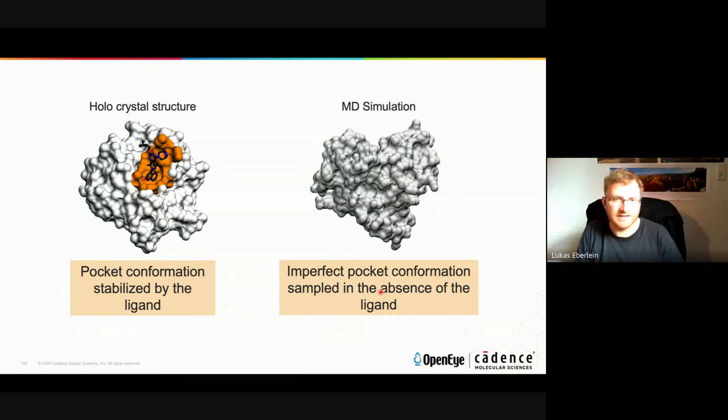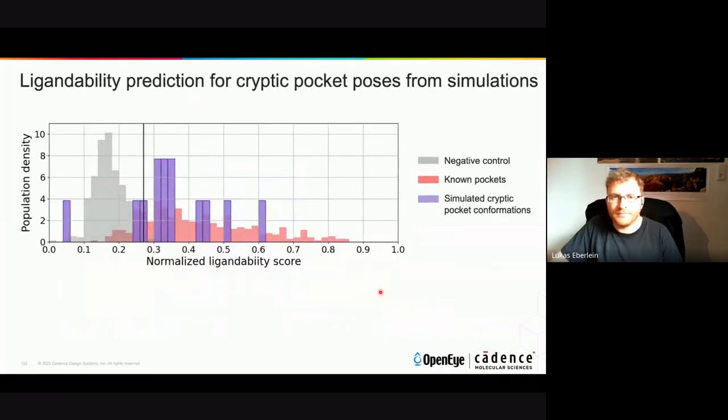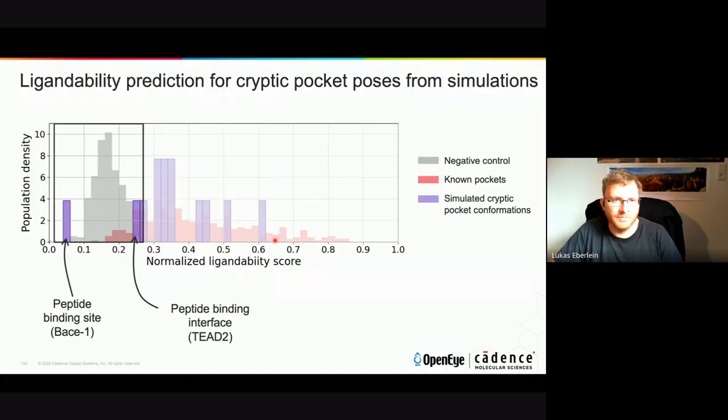How well does the ligandability model work with imperfect pockets, which we find from our protein sampling workflow, which we previously discussed? And so we tested the model on our known cryptic pockets from the validation study. And we see that most of these pockets are above our score threshold and should be ligandable.